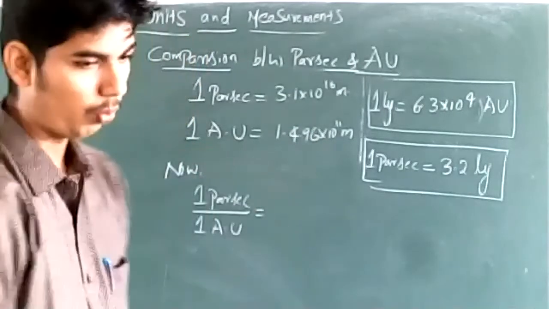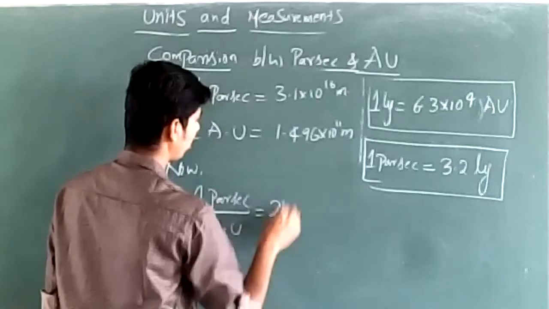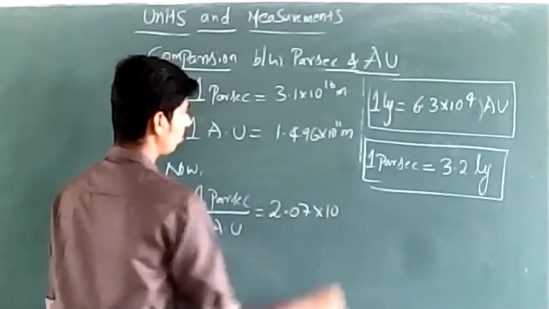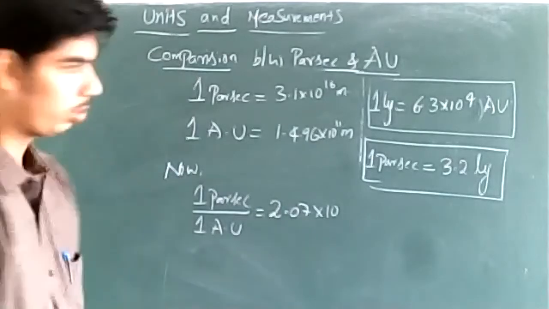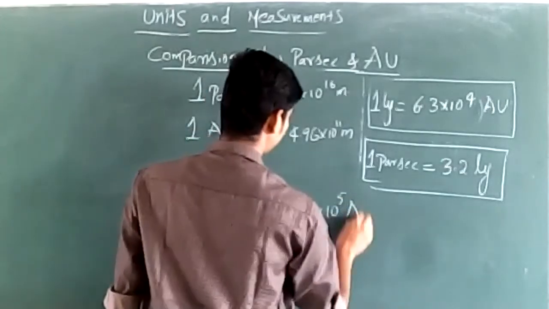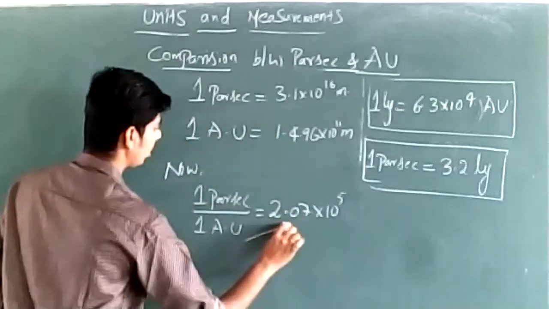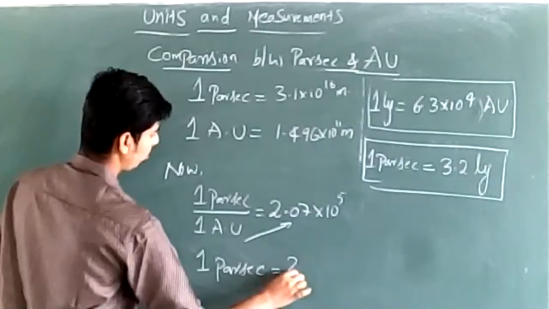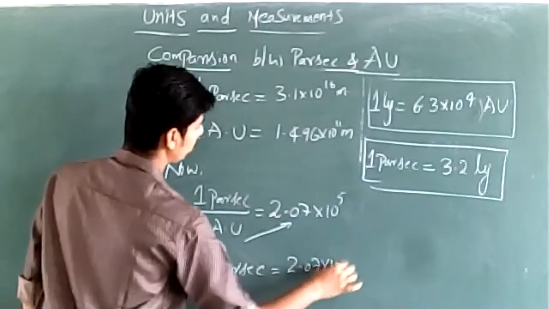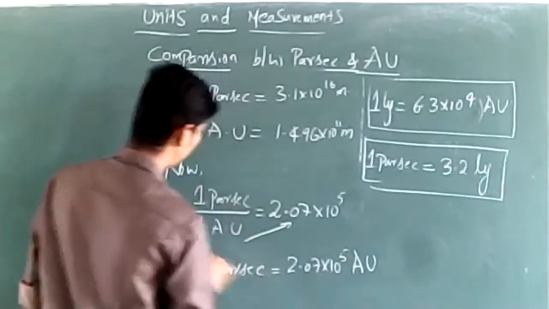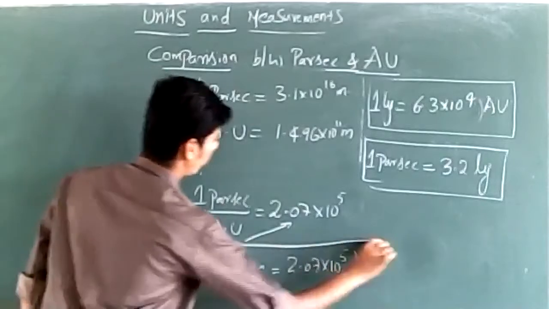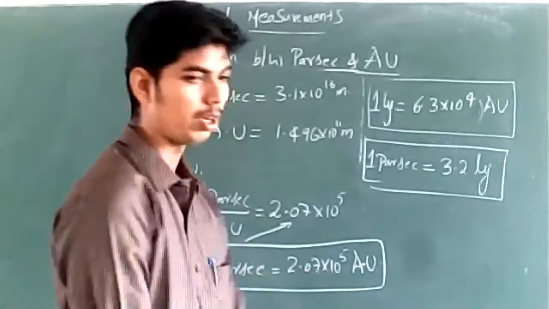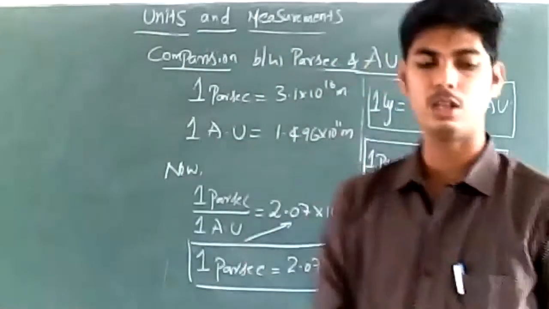Evaluate ಮಾಡಿ, you will get about 2.07 into 10 to the power of 5. ಇದನ್ನ ಈ ಕಡೆ ಮಲ್ಟಿಪ್ಲೈ ಮಾಡಿ, 1 parsec is equal to 2.07 into 10 to the power of 5 astronomical units.